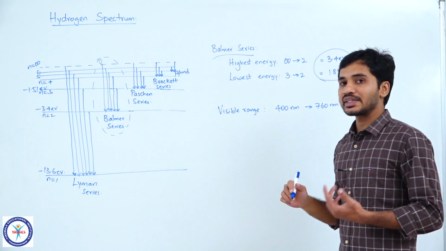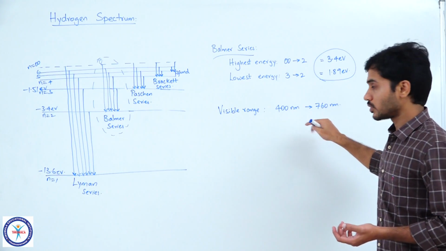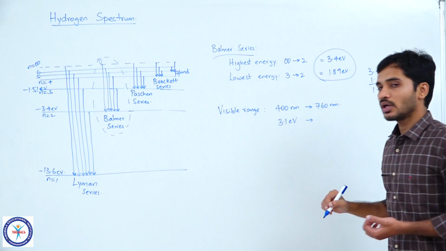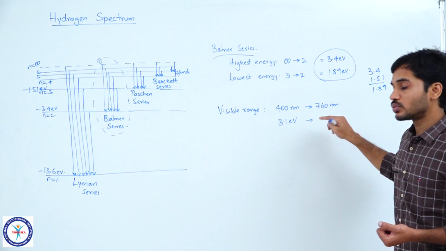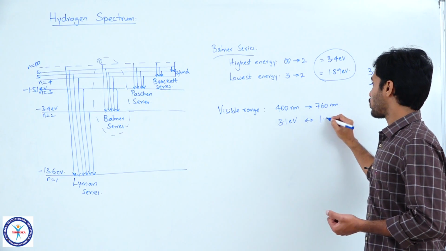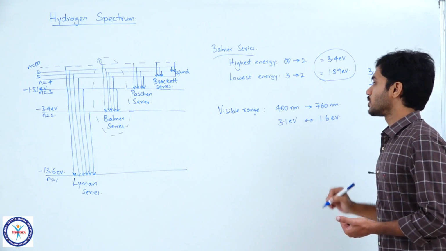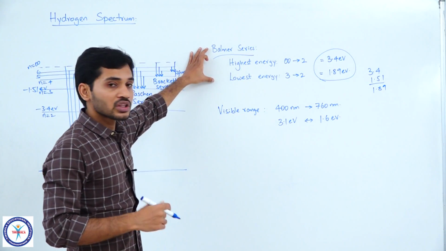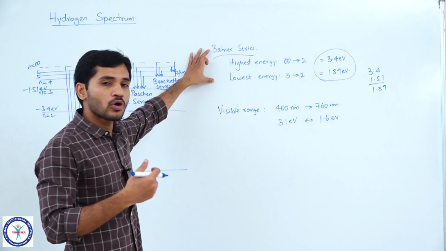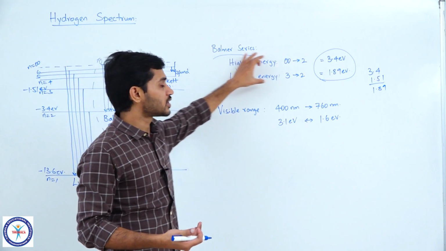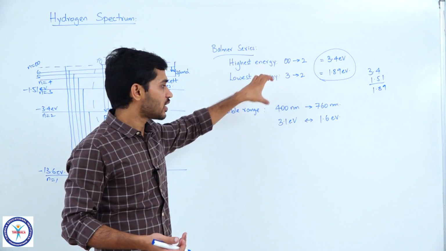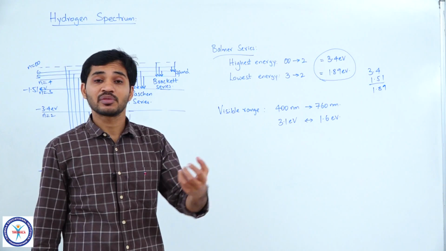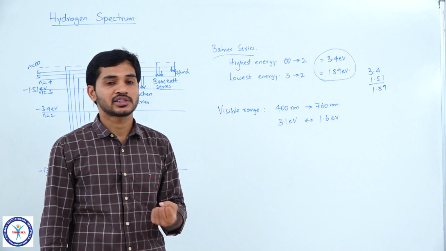The energy is roughly 3.1 electron volts at one end and roughly 1.6 electron volts at the other. So almost all the wavelengths of the Balmer series have their energy lying within the visible range, which means we can actually see that light coming from the Balmer series of a hydrogen atom.